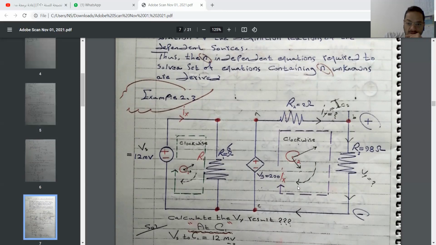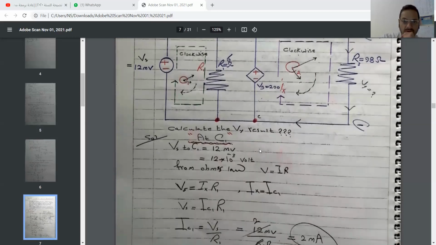All of these 2 loops with clockwise, we must calculate IY, that's mean IAB, and the voltage drop VY, or V2, the voltage drop at loop 2 at resistance 3. Let's keep going to solve.